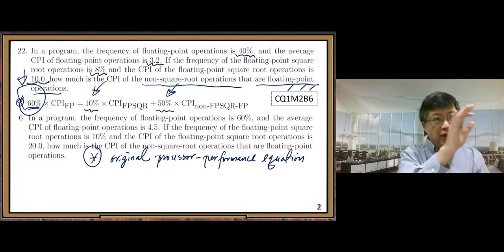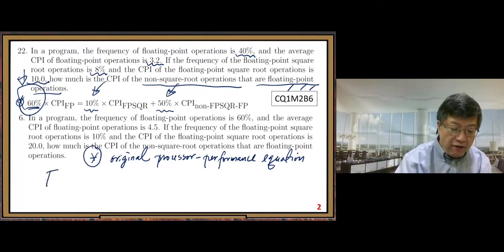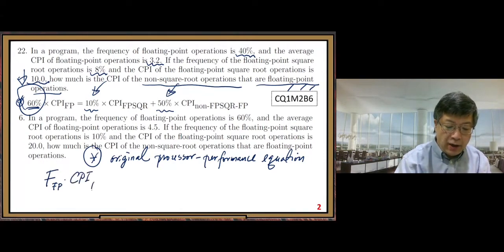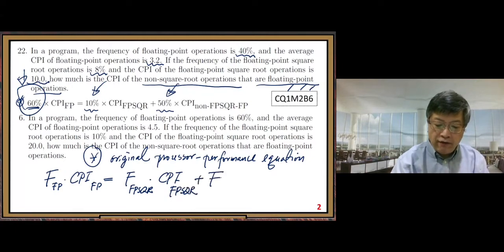All right. So in general, that equation we can write: frequency of FP times CPI of FP equals frequency of FPSQR times CPI of FPSQR plus frequency of non-FPSQR within FP times CPI of non-FPSQR within FP.